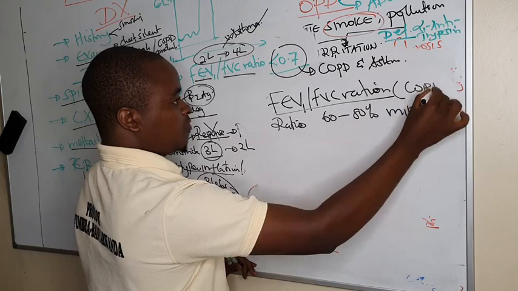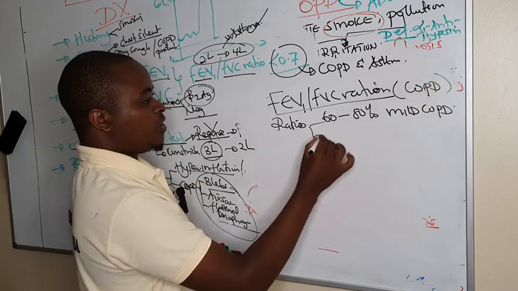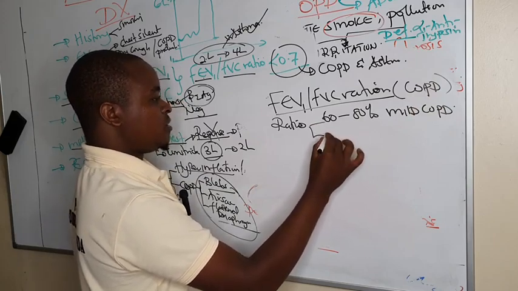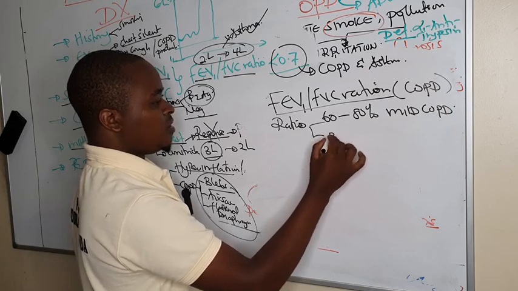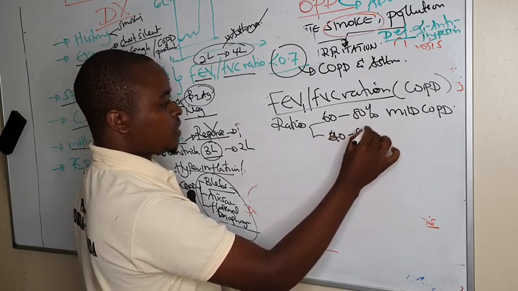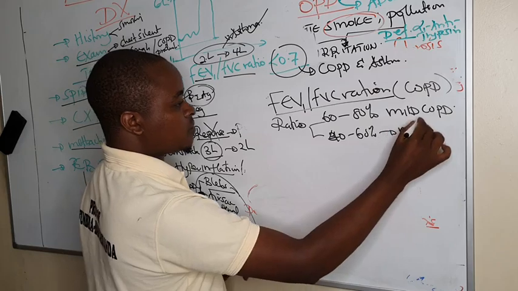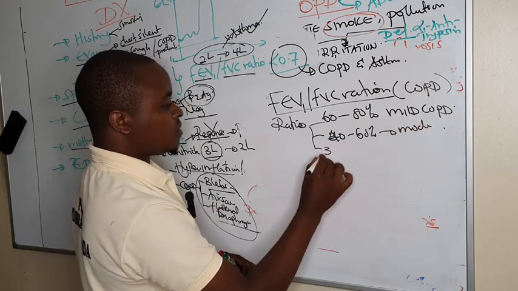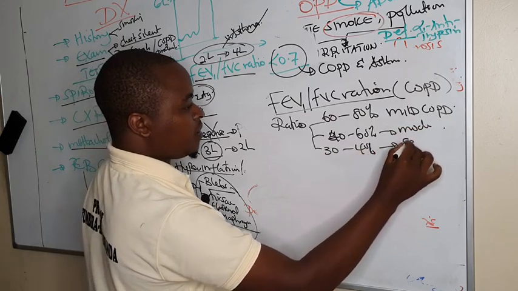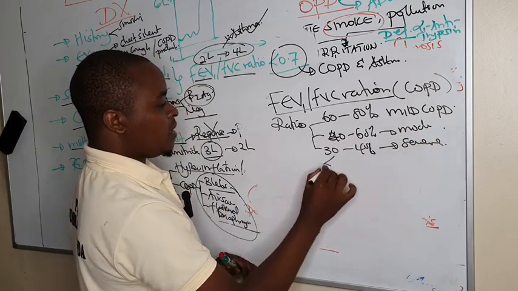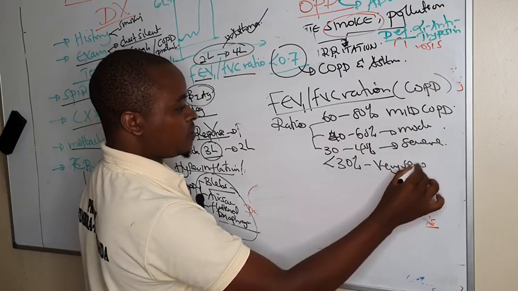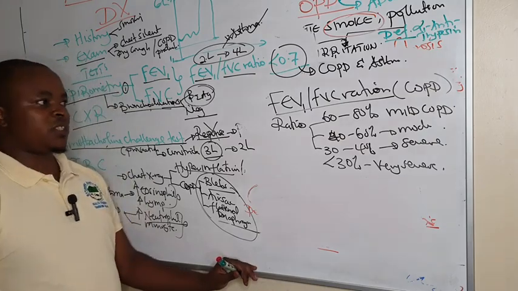We're using it to classify COPD. If you get the ratio between maybe 40 to 60%, this is moderate. Then between 30% to 40%, that is severe. Then less than 30%, that is very severe COPD.